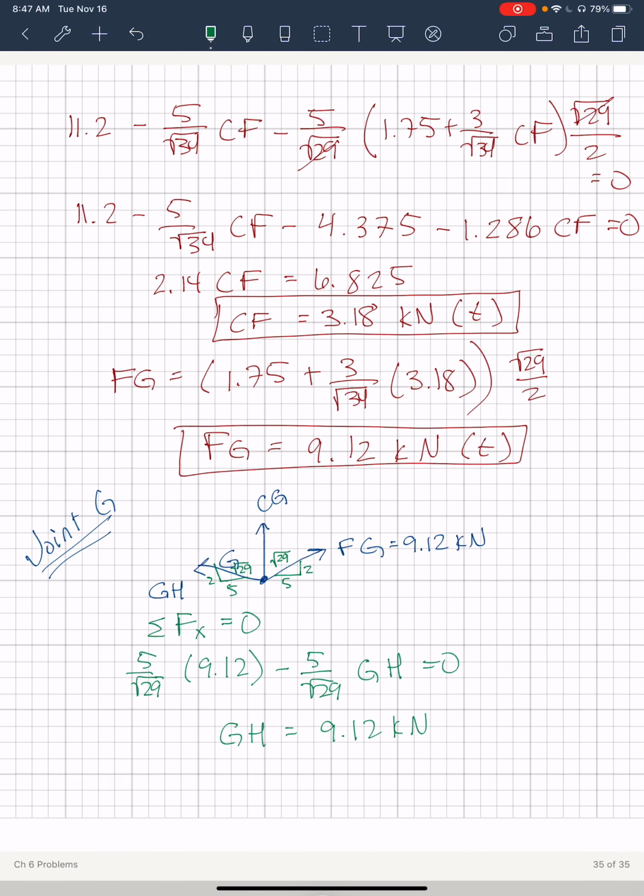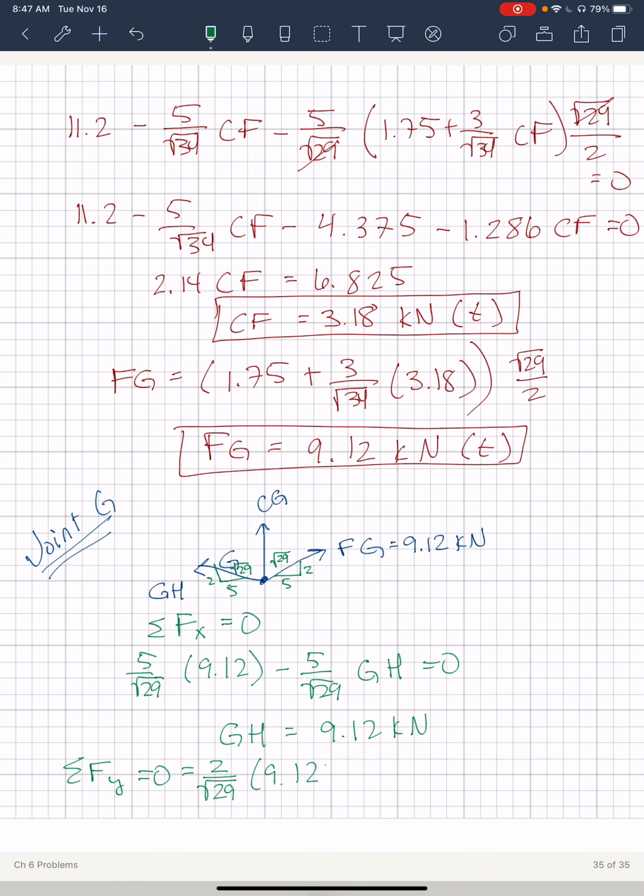And so now we can sum the forces in the y direction equals 0. And with that, we'll get the y component of GH, which would be 2 over the square root of 29 times that 9.12 kilonewtons, plus CG, and then plus that y component of FG, which would be 2 over square root of 29 times that 9.12 kilonewtons.